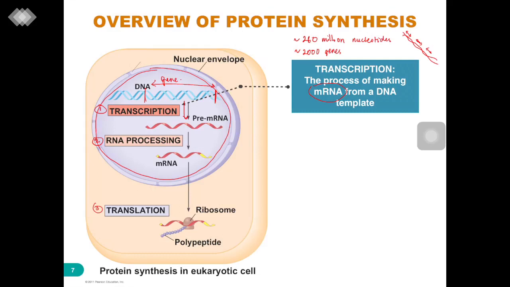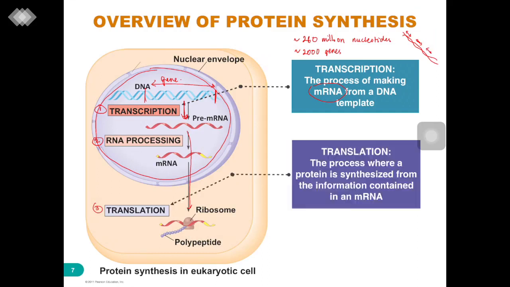DNA cannot be transported out from the nucleus. So what happens is you copy the information into an mRNA molecule, and this mRNA will be transferred out from the nucleus to the ribosome. So that is where you have RNA processing, but we are not going to cover that. Once the mRNA is transported to the ribosome, that's where you have the translation process. mRNA is a nucleic acid.